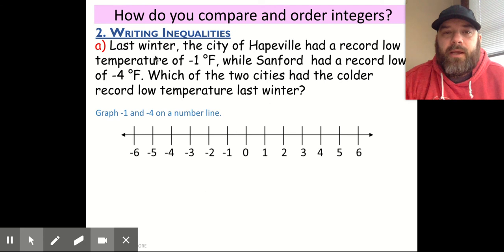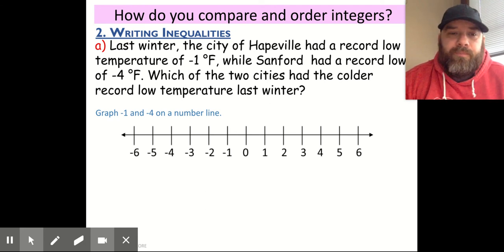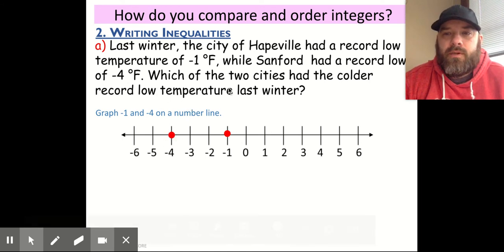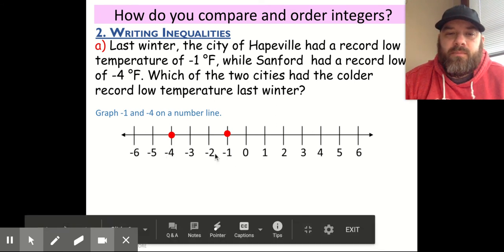All right, so here we have our number line again. This is going to be helpful because we have a 4 and a 1, and we're looking for the colder record low temperature. So -1 is right there, -4 is right here. Remember, these are integers. We have our negative symbols here.